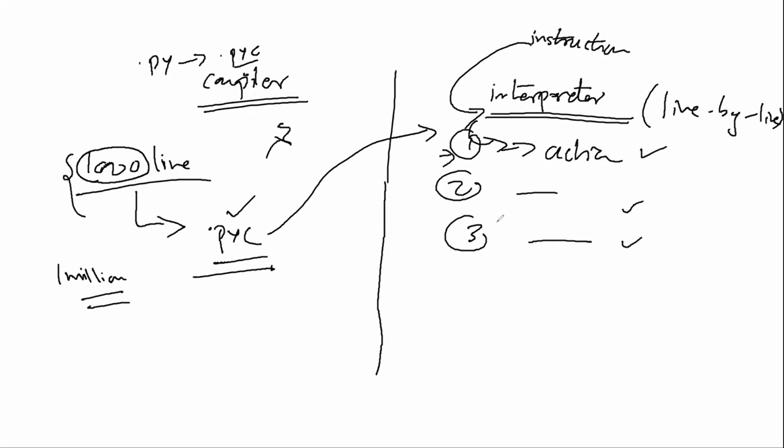But on the 100th place, there may be something wrong, and the interpreter is not aware of that. So it's better to first check whether all the lines of code are correct or not, and then only push it to the interpreter, right? And that is why some people say Python is a slow language because of this combination, but it is the best combination available right now as compared to any other language. It does both the activities for you. First it checks that everything is correct in your code or not, and then it goes for the action according to it.